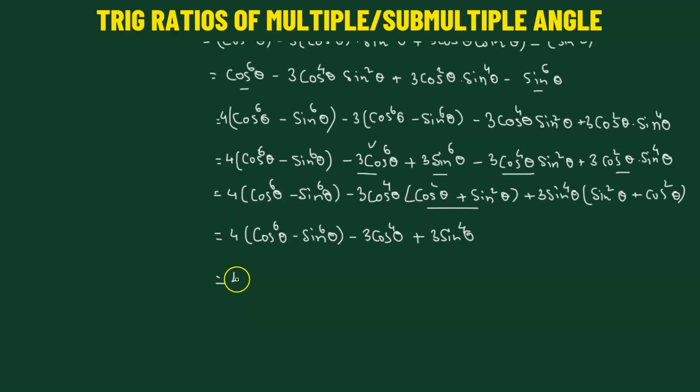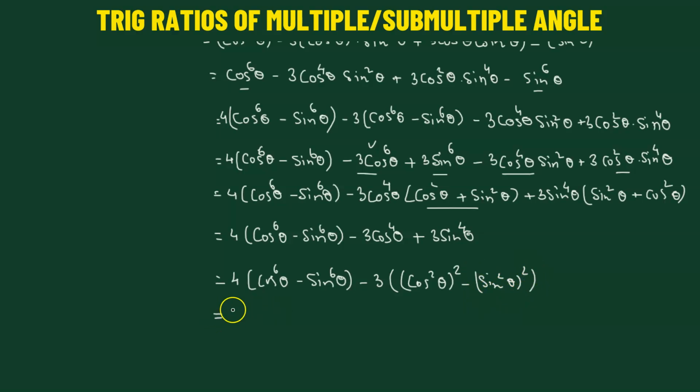So this will be equal to 4 times cosine theta whole raised to the power of 6 minus sine theta raised to the power of 6. Now, from these 2 terms, let's take negative 3 as the common factor. So that will get multiplied by cosine theta raised to the power of 4, but we're going to express it as cosine squared theta whole squared, minus sine theta raised to the power of 4, but we'll be expressing it as sine squared theta whole squared.